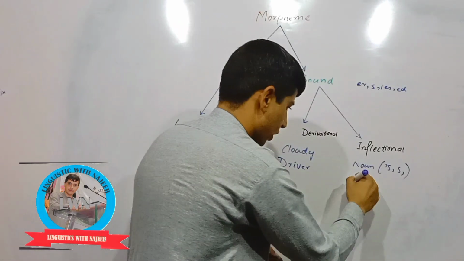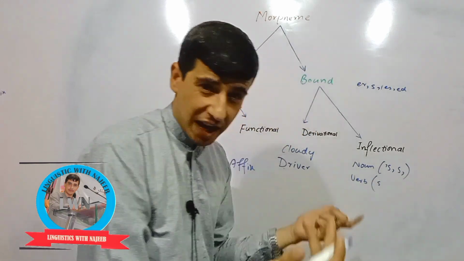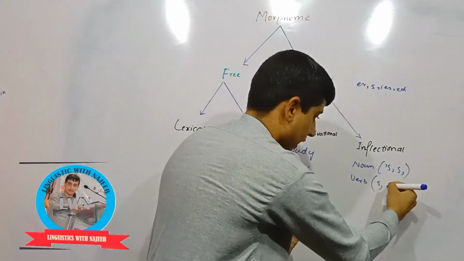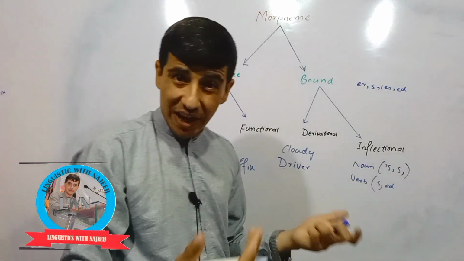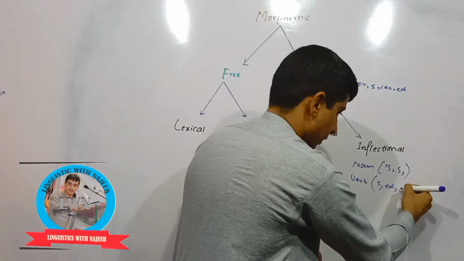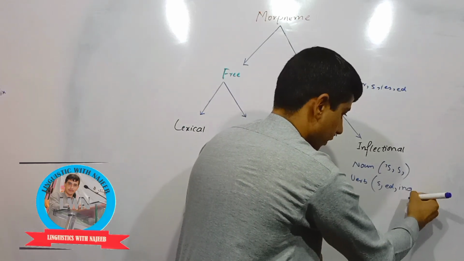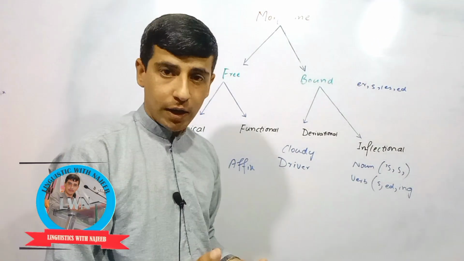With verbs, we can add s, like plays. We can add ed, like played. We can add ing, for example playing.